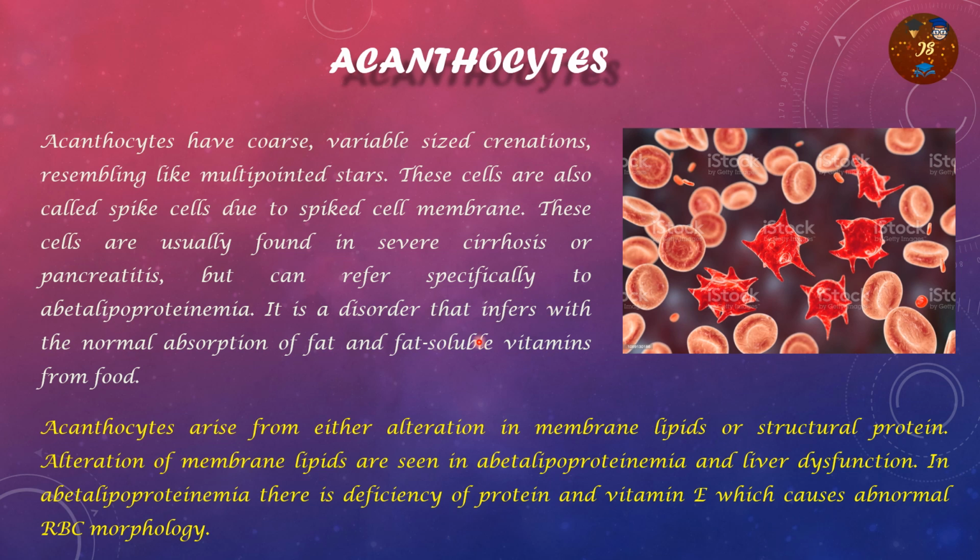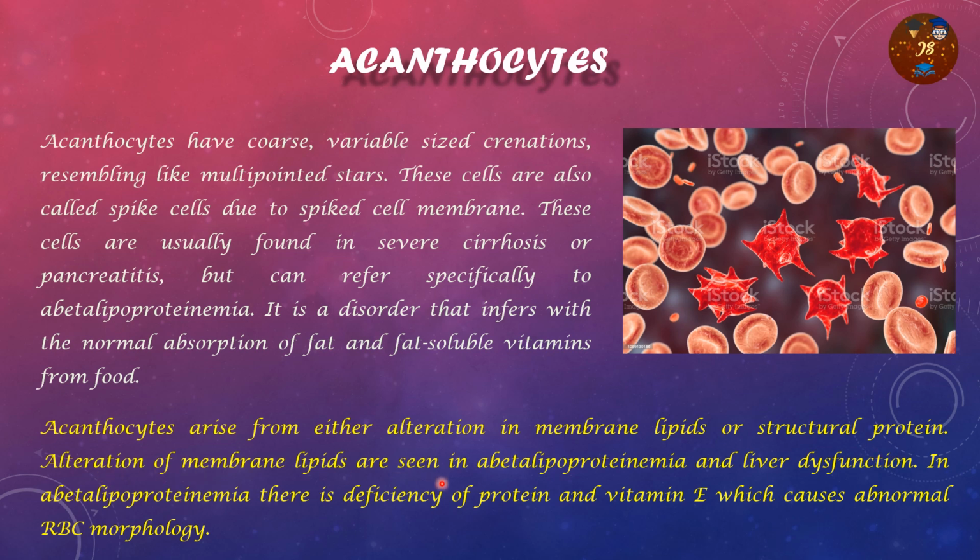abetalipoproteinemia. It's a disorder that interferes with the normal absorption of fat and fat-soluble vitamins from food. We all know that fat is one of the main components of the RBC membrane. So if there is a problem in the metabolism or absorption of fat, definitely there will be a problem in the membrane components. Acanthocytes arise from either alteration in the membrane lipids or structural protein.